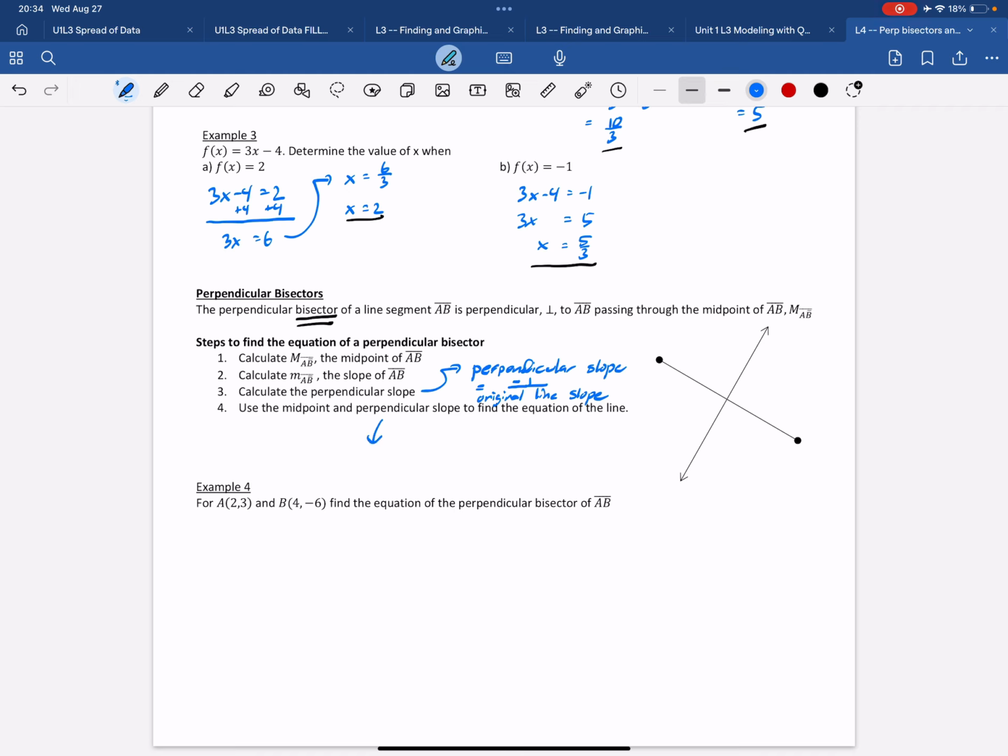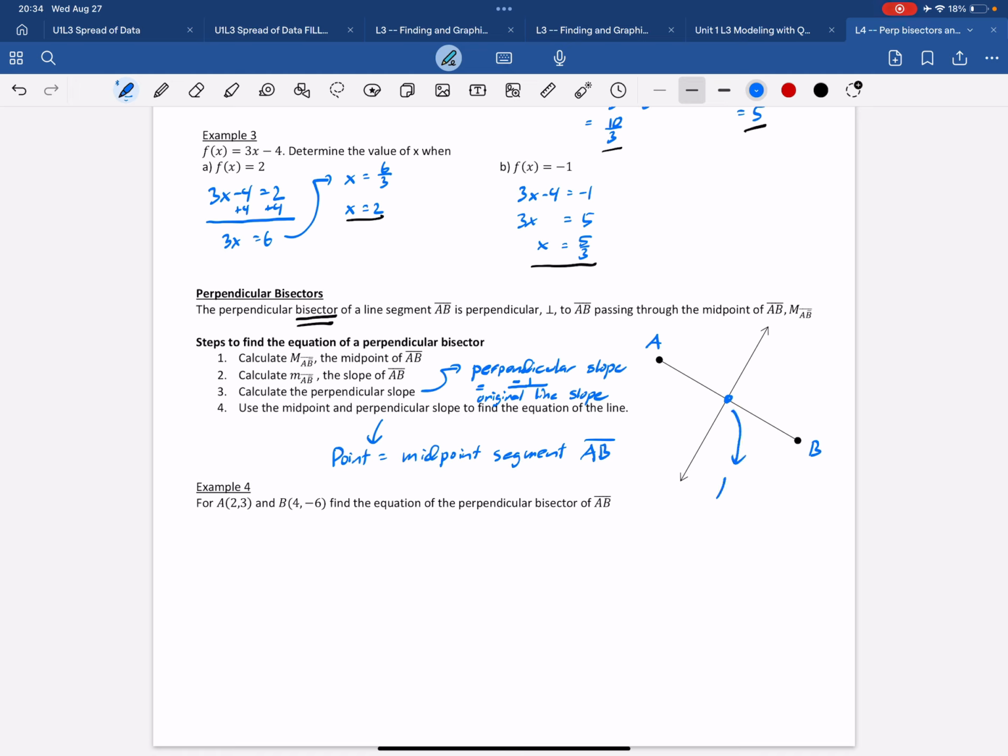So guys, we know, to write the equation of any line, we need a point. And in this case, that's going to be the midpoint of the segment, because that's the common point that they share. That's right here. So maybe I'll call this A. This is B. This is the midpoint.